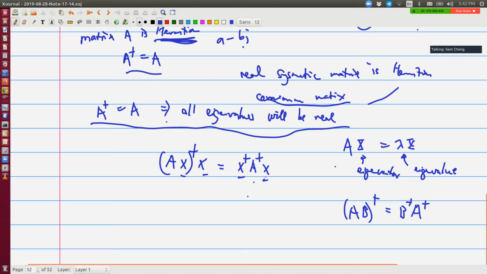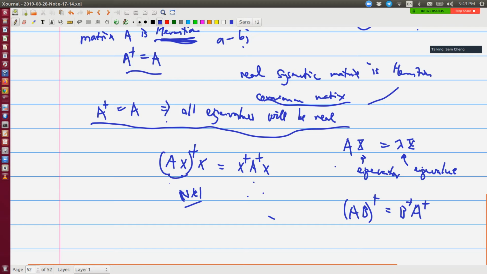Hermitian is similar to symmetric: when you say a matrix is Hermitian, its conjugate transpose is equal to itself. Therefore it has to be a square matrix. x is basically n by 1, so there is no way it can be Hermitian. Anything Hermitian, like anything symmetric, has to be a square matrix.